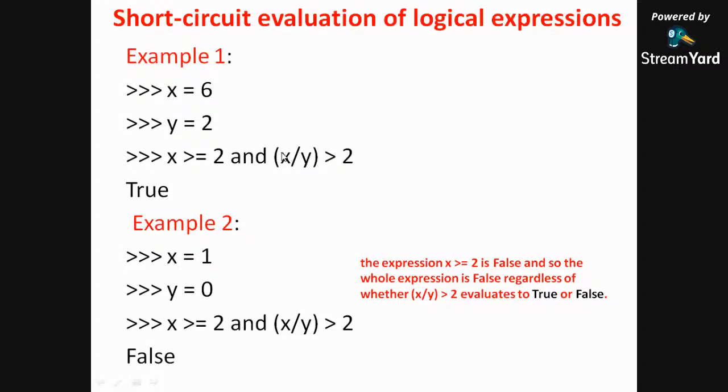So it goes to the second expression and evaluates. If the first expression is false, it won't go further and directly evaluates to false. The entire expression value becomes false. This is called short circuit evaluation. Even your interpreter evaluates in that fashion.